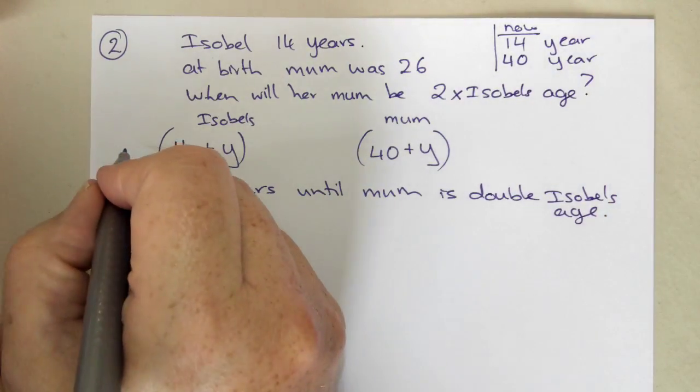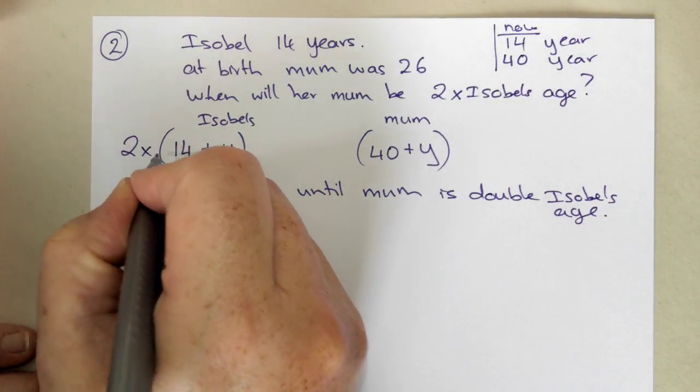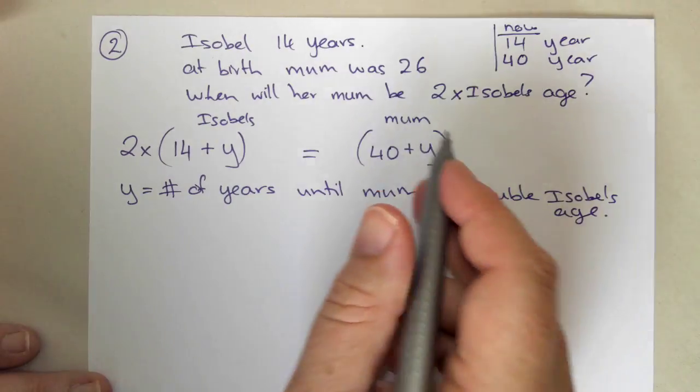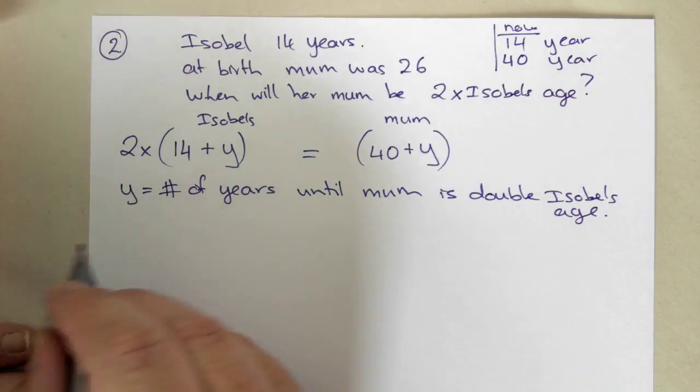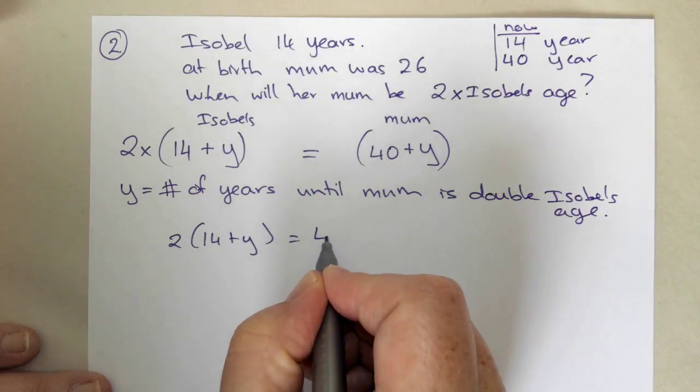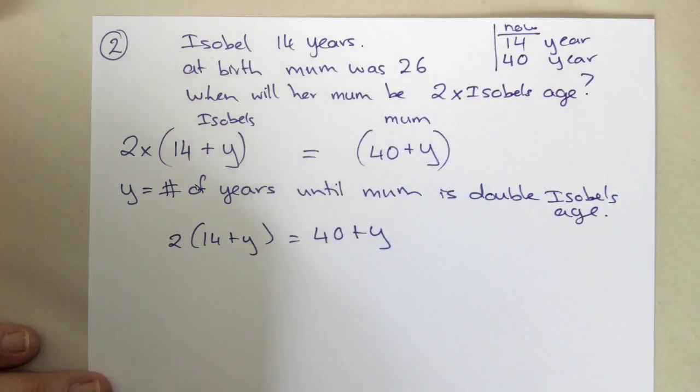So I need to find out when is 2 times Isabel's age equal to her mum's age. So there's our equation that we're now going to go and solve. So we're going to say 2 times 14 plus y is equal to 40 plus y.